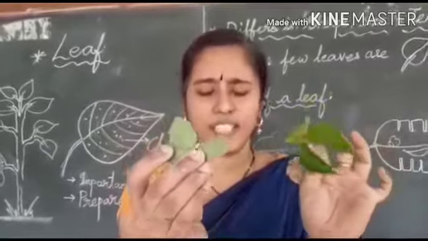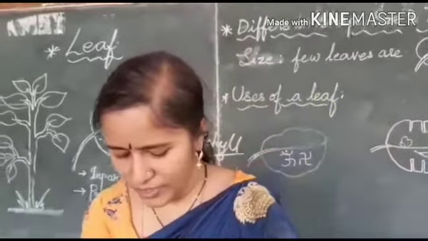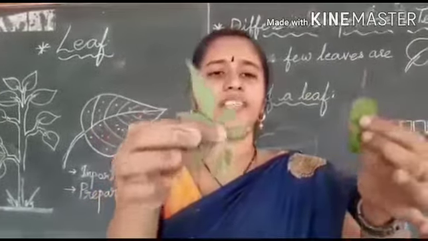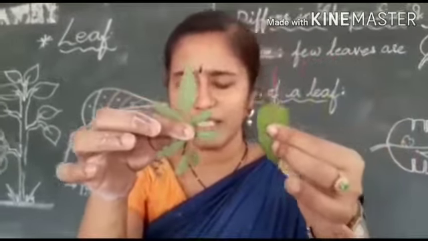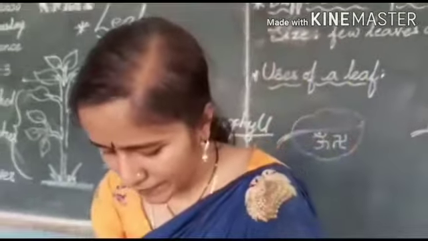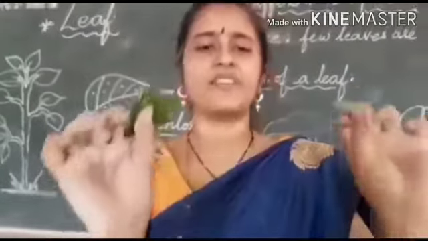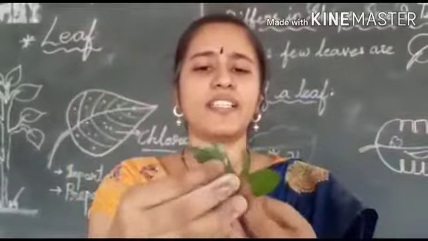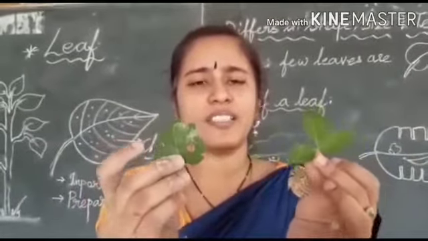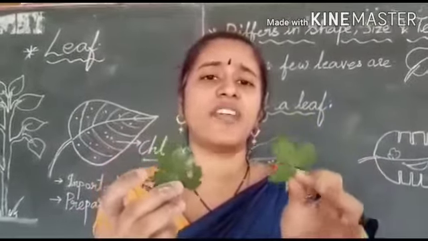All leaves are not the same size. Now next you see this. You can see the variations. The size is different in each leaf. Like this you can see various leaves. You can observe them in your surroundings. You can pluck different leaves and observe that the size, shape, structure and color also vary.